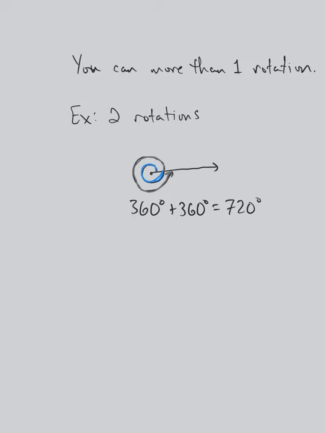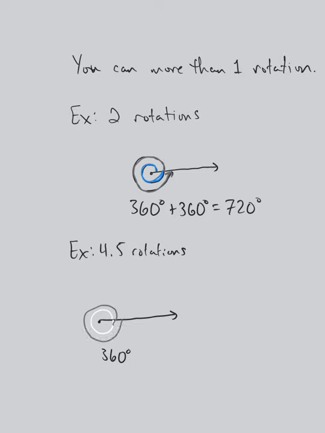And so let's think about what would be 4.5 rotations. Just think about this last picture, or let's go ahead and redraw it. So here's our initial side. We do one rotation, so that's 360 degrees. And then I do another rotation.